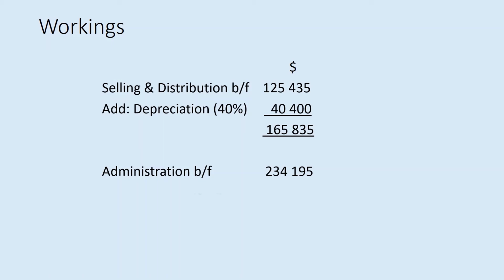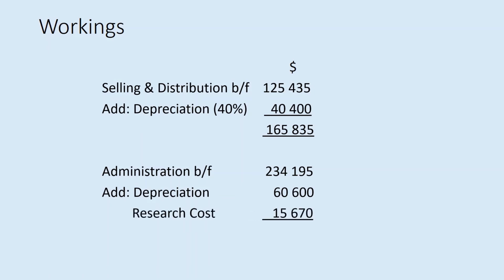Then we have the administration brought forward, 234,195 from the trial balance. And we add the depreciation, 60%, at 60,600. And we also are going to write off the research costs, which we see in the trial balance there. And we get 310,465.